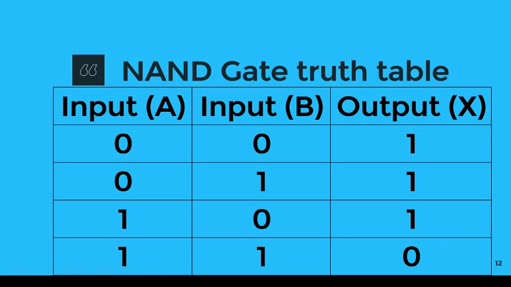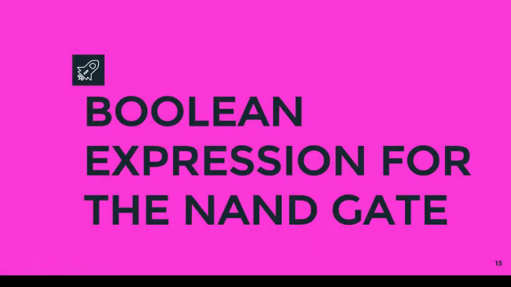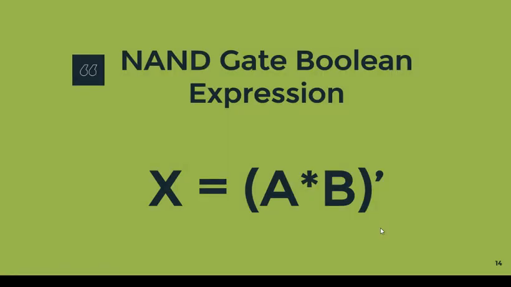Okay, so we're going to now take a look at the Boolean expression for the NAND gate. The NAND gate Boolean expression is given as the output X is equal to A and B, and then we're going to NOT that value. So we have A and B, and this indicates that we're going to NOT everything inside the bracket.